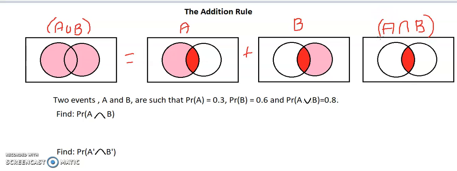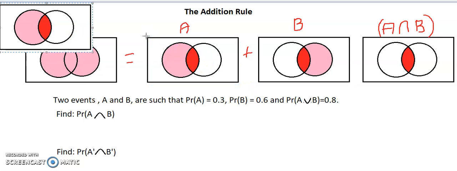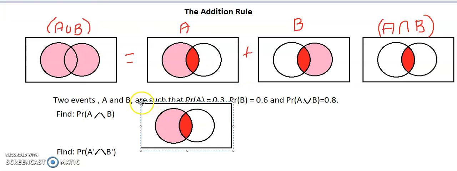So now let's look at these two examples and really think about these pictures. It says the probability of A intersecting B. So first thing I'm going to do is put my information where I need it. So I know I've got a probability of A, and I'm just going to use these pictures to help us when we are doing it.